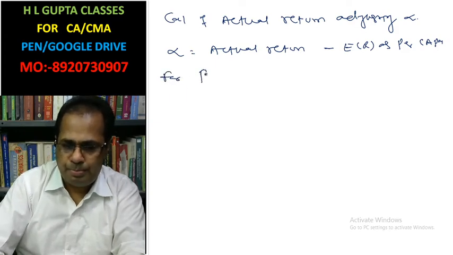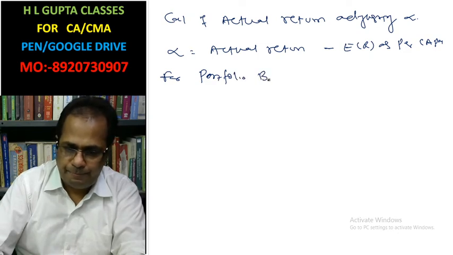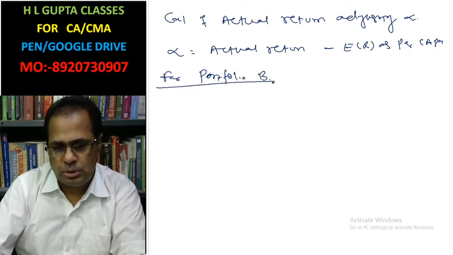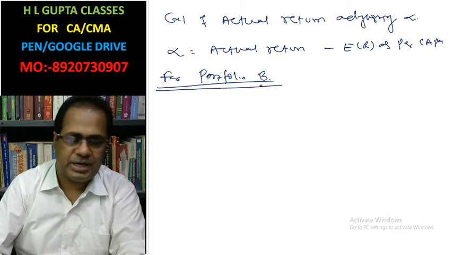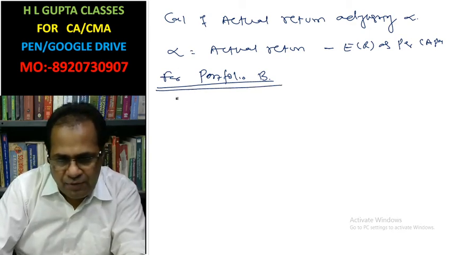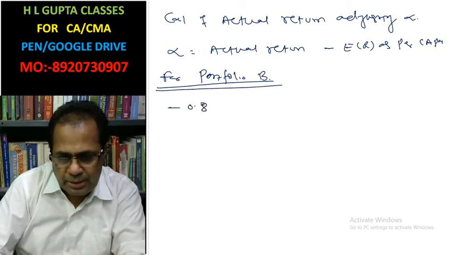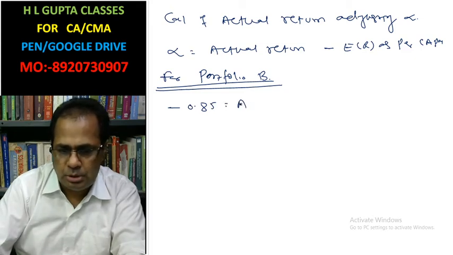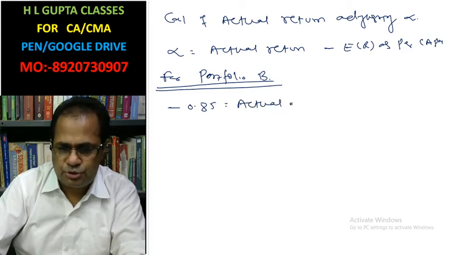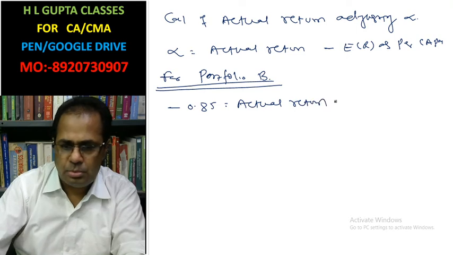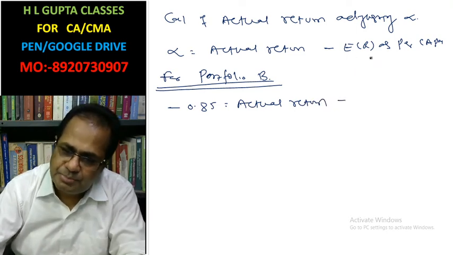For portfolio B, the alpha is minus 0.85.